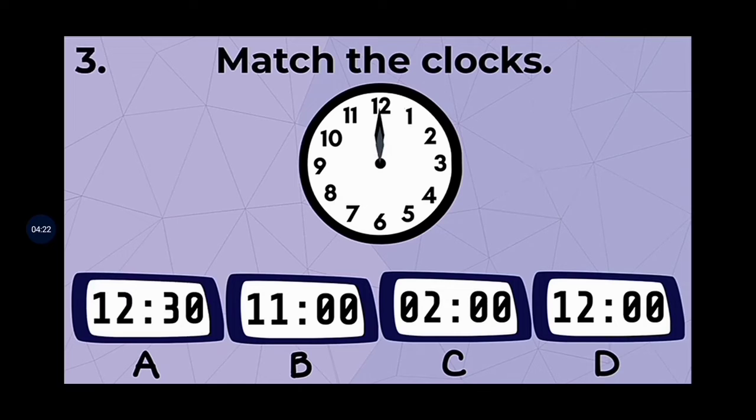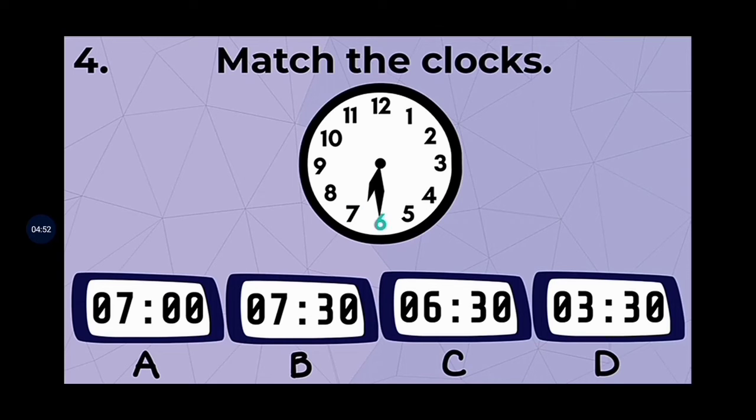Next, both the hour and minute hands are pointed at 12. So the time is 12 o'clock. This is the same as digital clock D. Next, the hour hand is pointed between 6 and 7, meaning it is just past 6, while the minute hand is pointed exactly at 6.